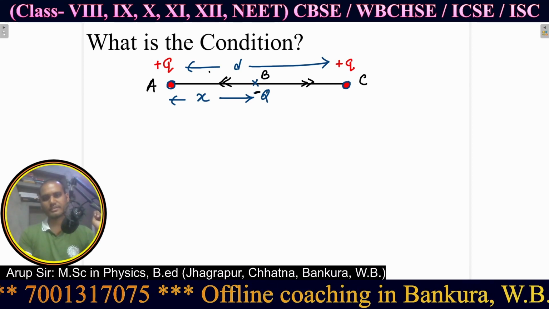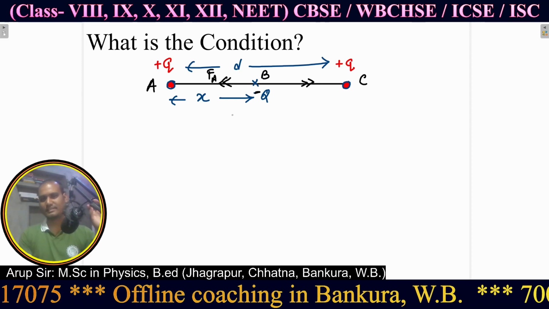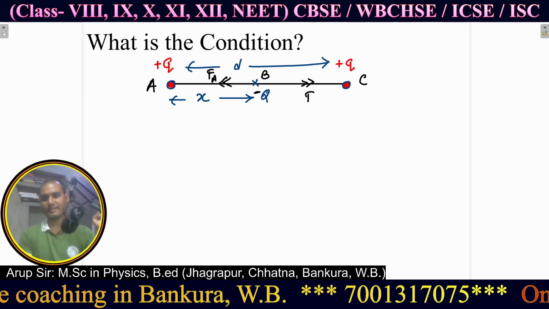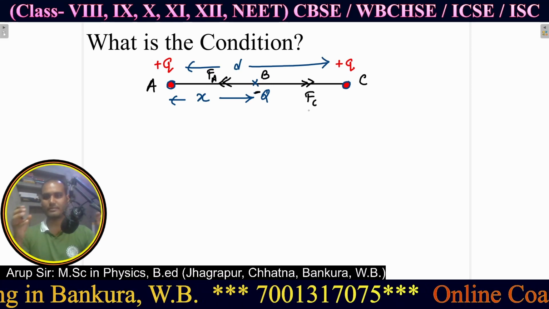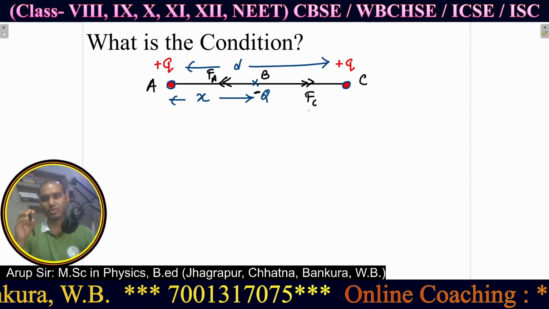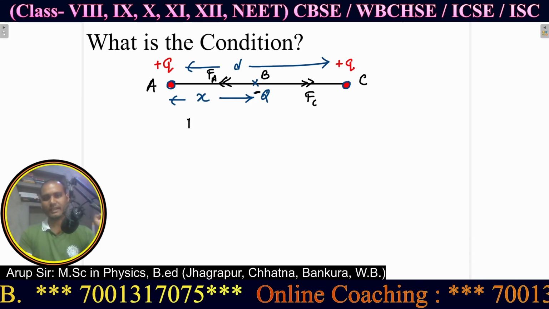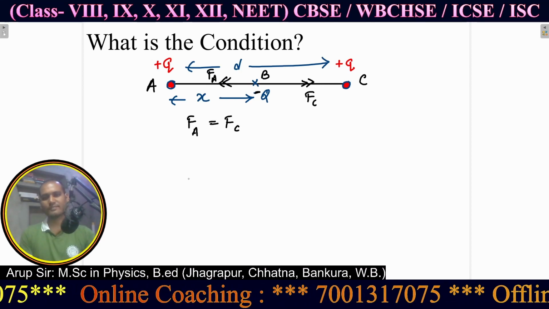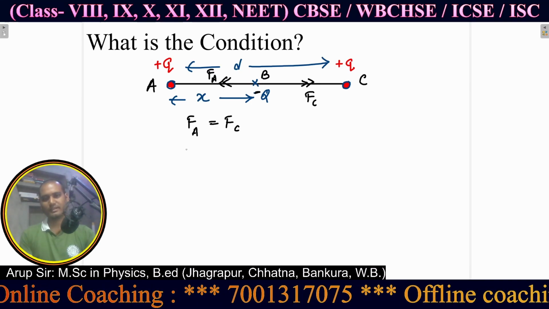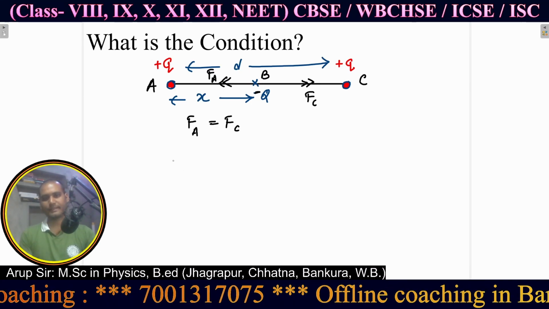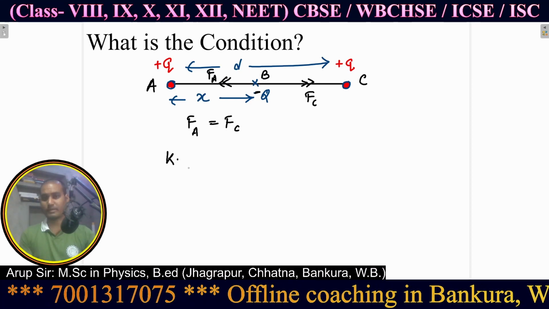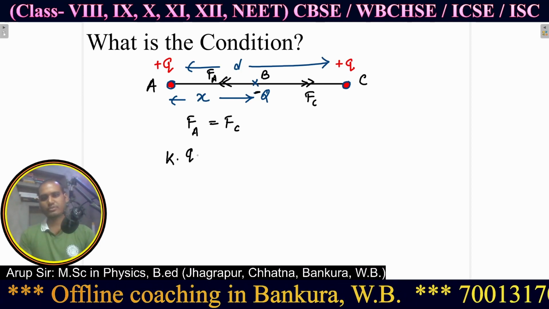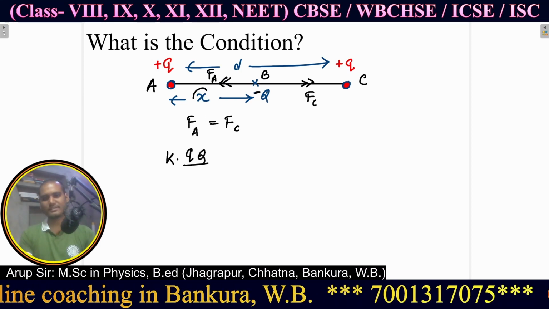So we can consider that Fa means the force given by the charge which is placed on point A, and Fc means the force given by the charge Q which is placed on point C. And in equilibrium, Fa should be equal to Fc, right? Fa is equal to Fc. Now Fa means how much? That is K, means 1 by 4 pi epsilon naught, I am writing it as K, into Q by the distance, this is x, so x square.